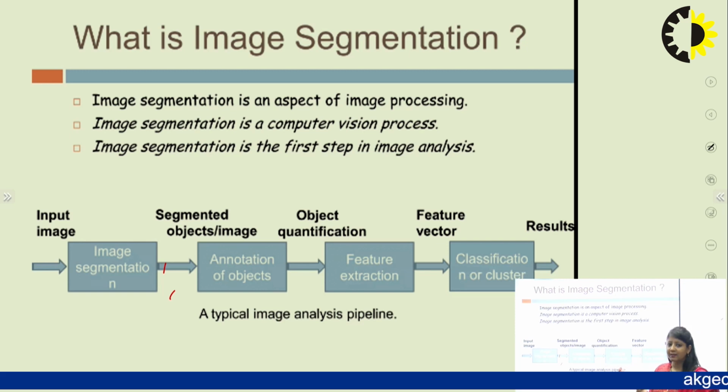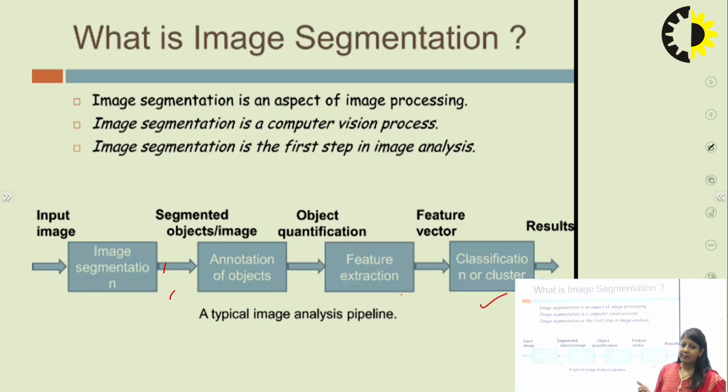After that we extract the features of the object, like car size, color or type of car, and we get the feature vector. After that we apply the classification and clustering algorithm, so that we can classify a number of objects belonging to one class and other objects belonging to another class. After that we identify the final result. So this is a typical image analysis pipeline.